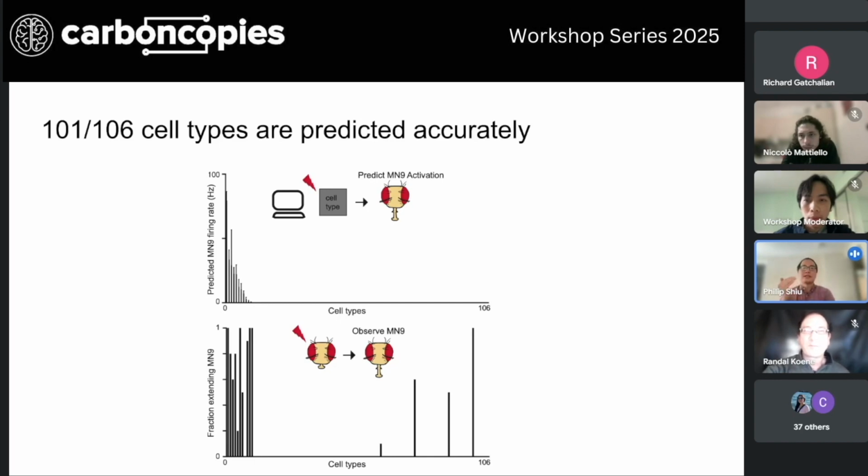The point is that they can activate specific descending neurons and say, okay, this neuron causes the fly to turn, this neuron causes the fly to groom this part of its body. And I think the cool thing is that all of the behavior besides the proboscis.